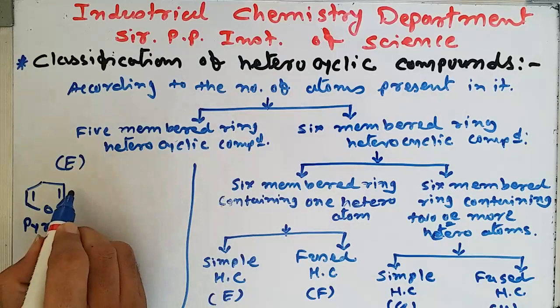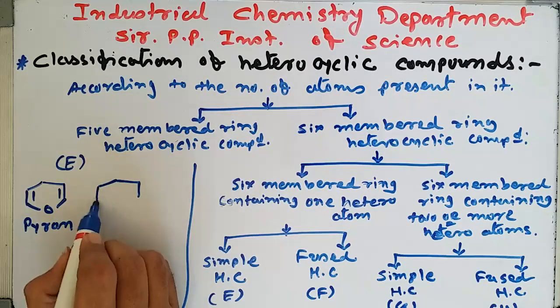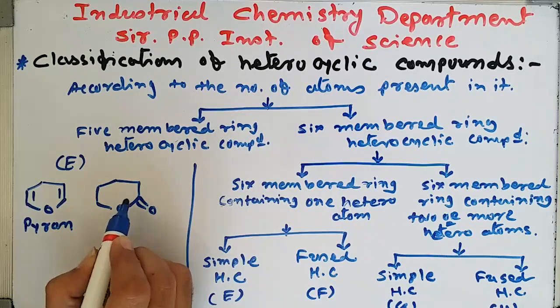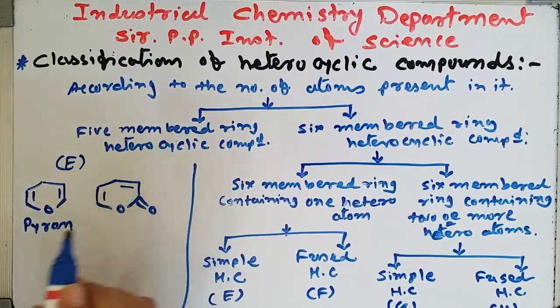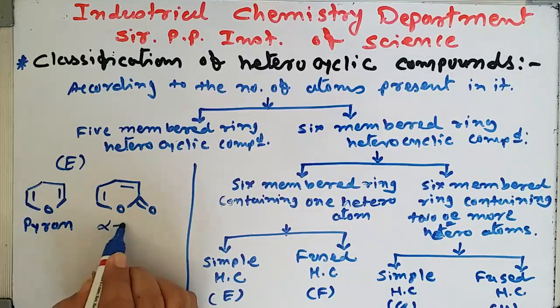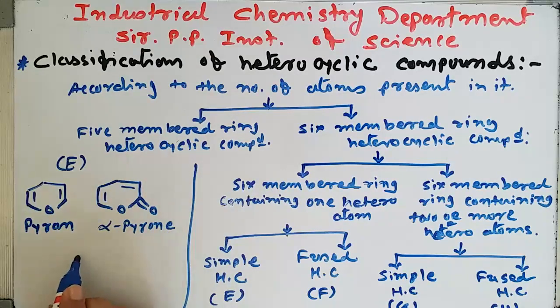If this is conjugated, it is known as alpha pyrone, and this is gamma pyrone.